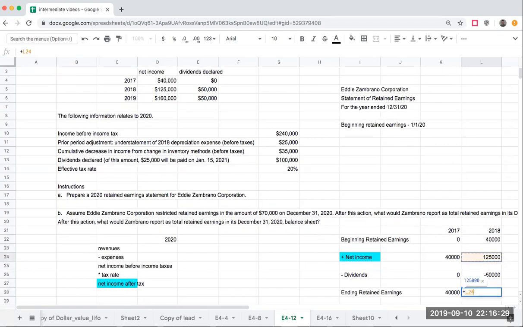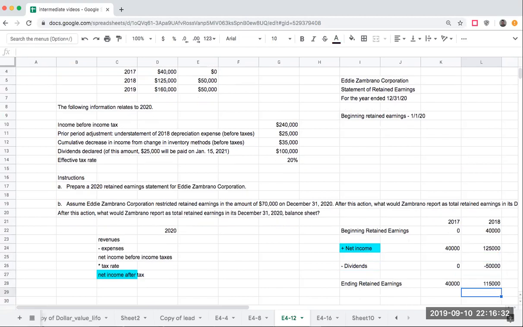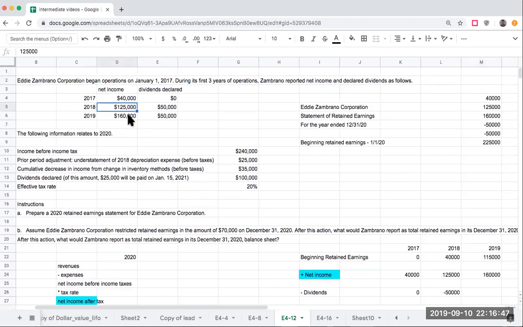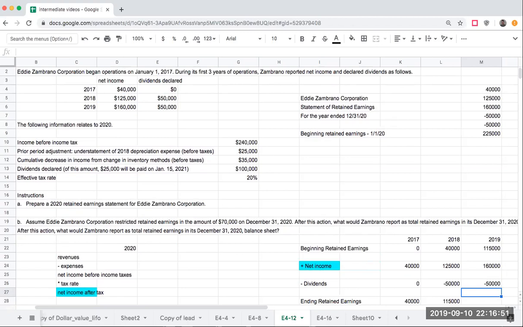So my ending retained earnings is going to be $115,000. Now I get to 2019, and my beginning is my ending from the prior period. I'm adding in 160,000, which was my net income for 2019, and then I'm going to subtract $50,000 right here.